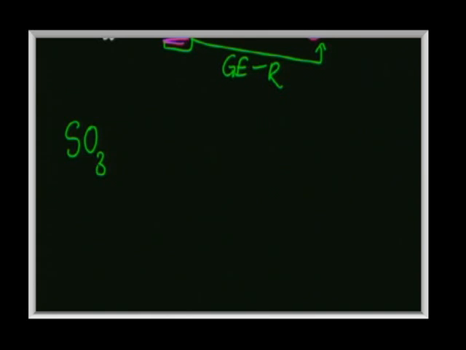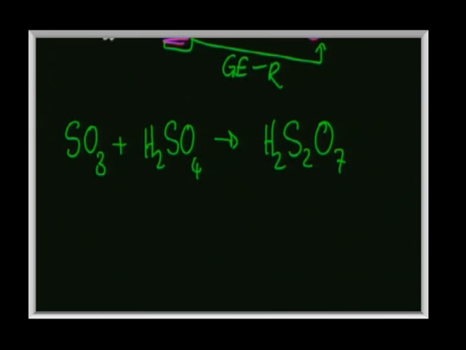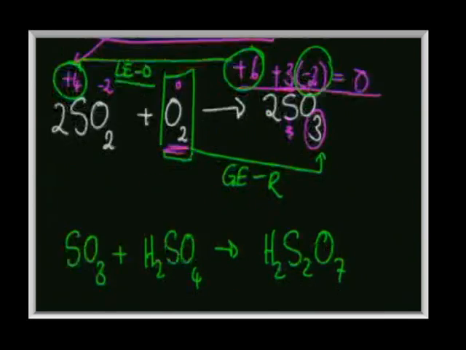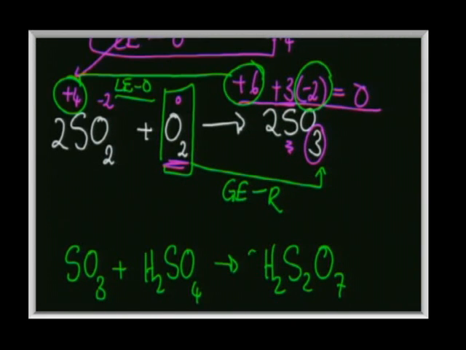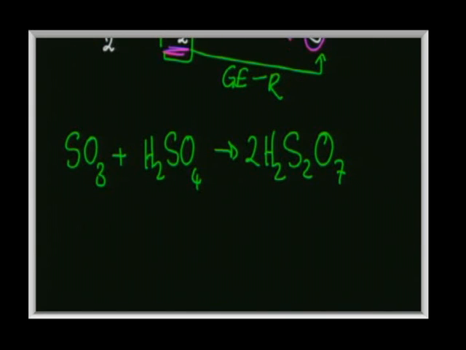So we have our SO3, which reacts with the sulfuric acid, H2SO4, and that is going to form our H2S2O7 over here. And just to make sure about the balancing, we will see that there's a 2 in front of our product, and now we have a balanced equation. So from here we are going to look at the oxidation numbers.